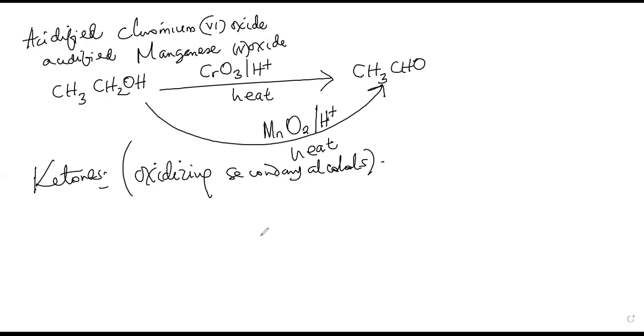So ketones can be formed by oxidizing the secondary alcohols, basically using acidified potassium dichromate(VI) solution, or acidified potassium manganate(VII) solution, or acidified chromium(VI) oxide, or acidified manganese(IV) oxide. So all those, I'm going to summarize them here. If we have a secondary alcohol, for example, CH3CHOHCH3, that is propan-2-ol.